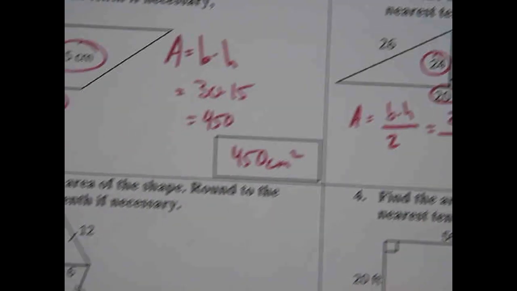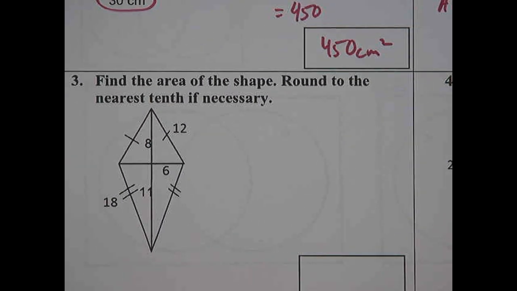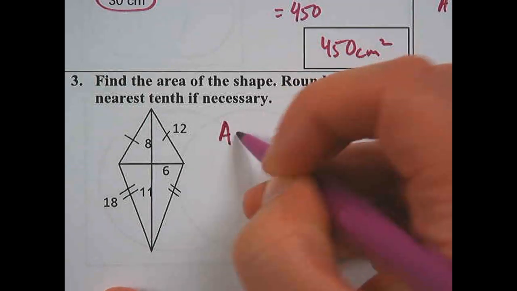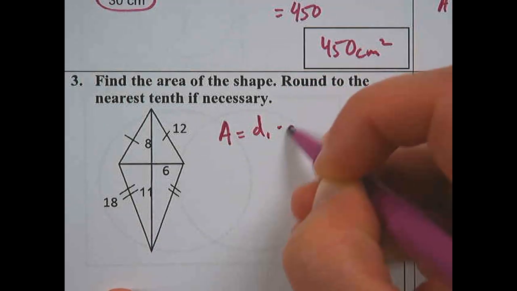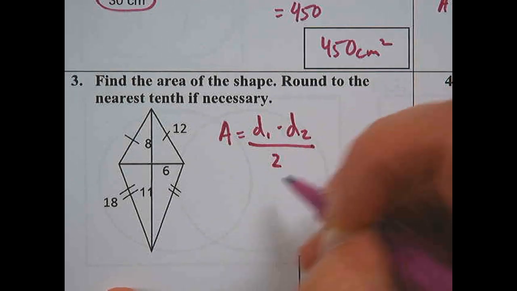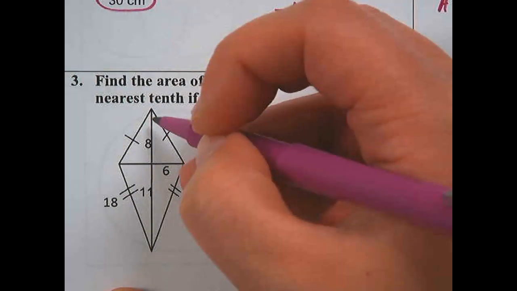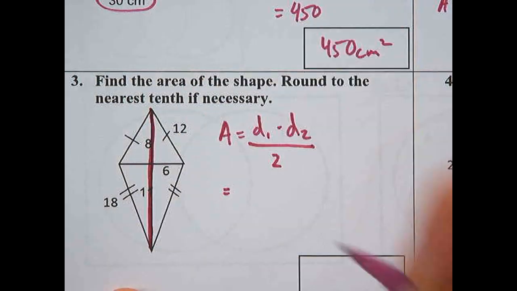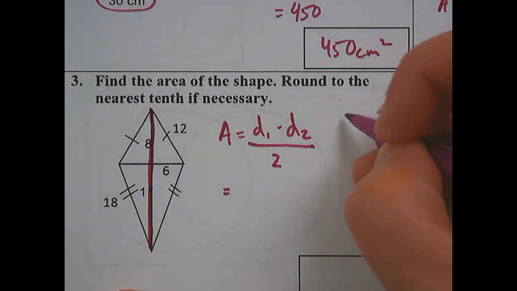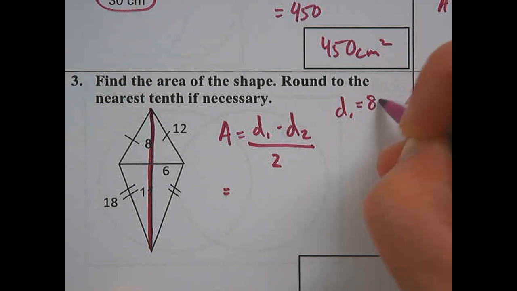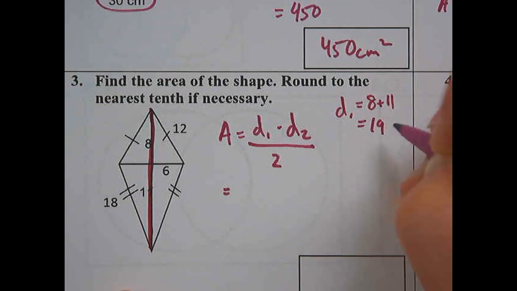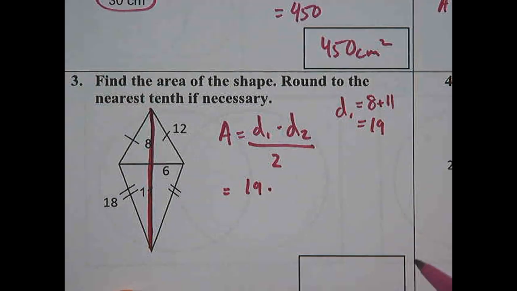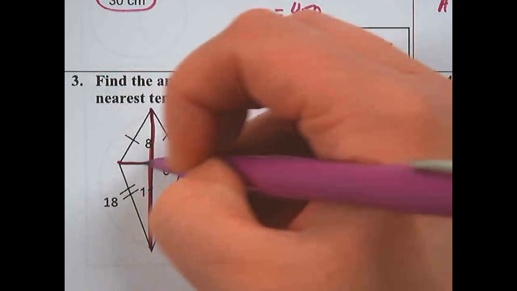Then on the next one, this is a kite. The formula for the area of a kite is diagonal 1 times diagonal 2 divided by 2. One of our diagonals would be this one right here. We've got 11 and 8 for those lengths. So D1 is going to be 8 plus 11, which is 19. D2 would be the other direction.